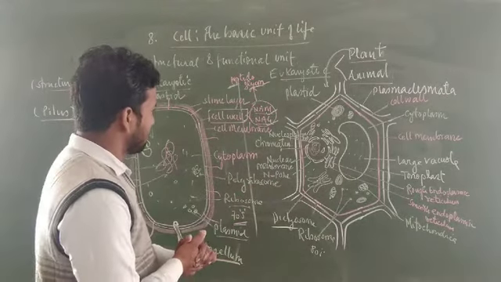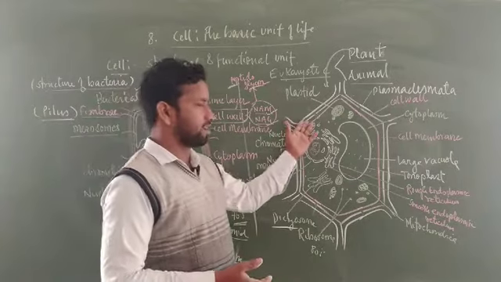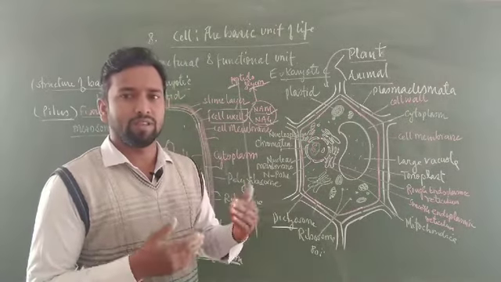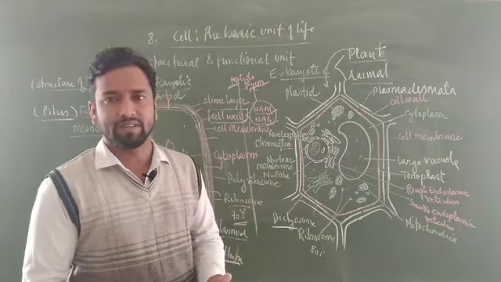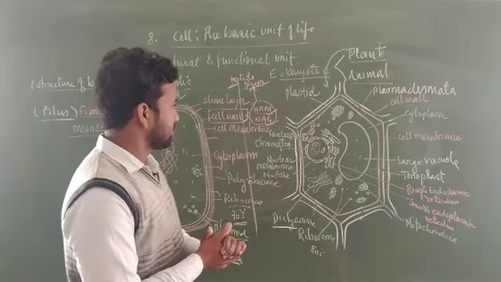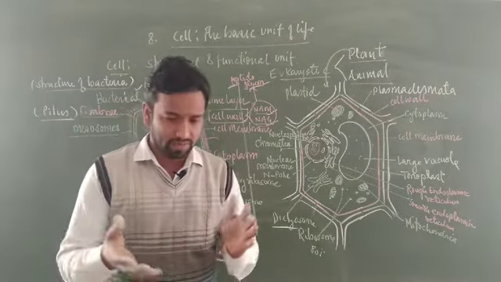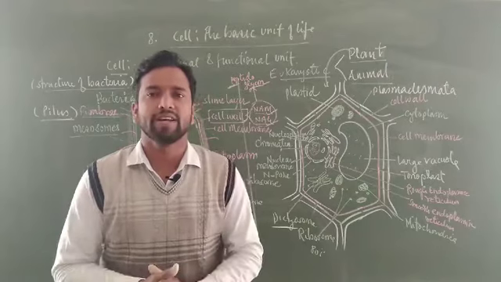The plant cell wall is made up of cellulose, hemicellulose, pectin, suberin. These are the different constituents of the cell wall of a plant cell, because plant cells are not of a single type. It is a multicellular, organ-level organized body.